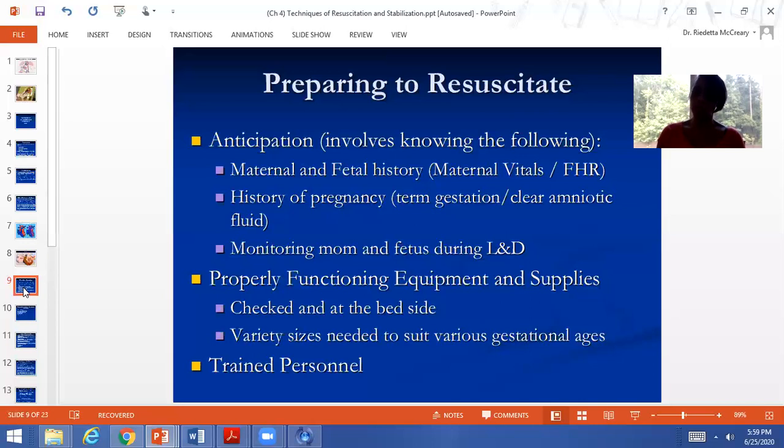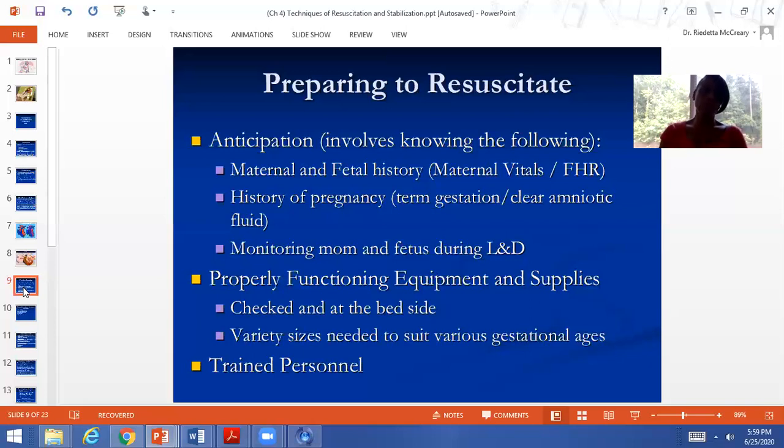So on the good side, the baby could come out and not need much intervention, or the baby could come out and be totally opposite of what you were thinking, to the point of death. A baby could just be delivered and already be gone, and there's nothing really to assess or to do other than give the baby to the parents and let them deal with that reality. So anticipation, that's a very, very big part of this whole process.